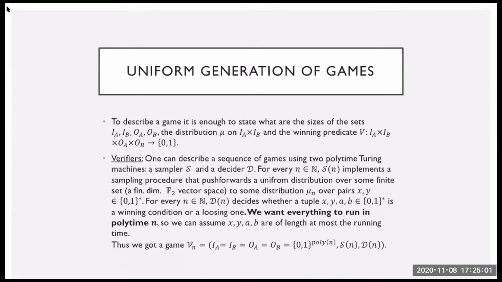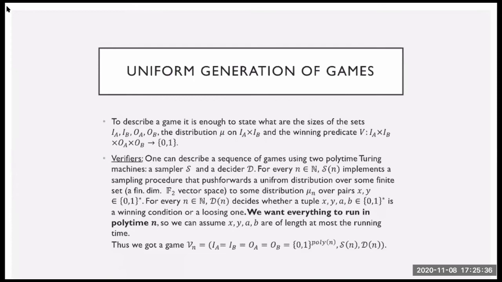In computer science, there is this notion of uniform generation, and here we want to generate a uniform sequence of games, which means that we want a single Turing machine, a finite being, to have the property that if you input n, it outputs the nth game in this sequence, okay?